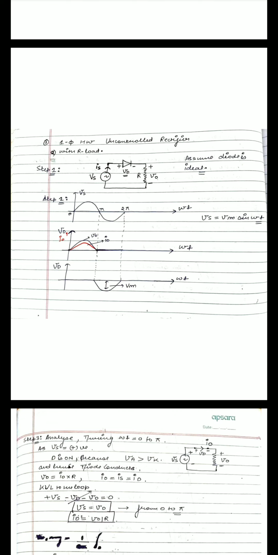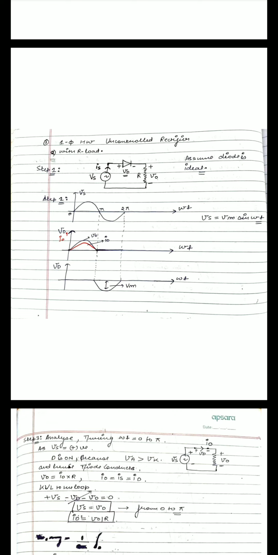As we are assuming in all the rectifiers, converters, inverters, we will assume that all our power electronic devices are ideal, that is their on state voltage drop is 0 and their forward leakage current during off state is 0.